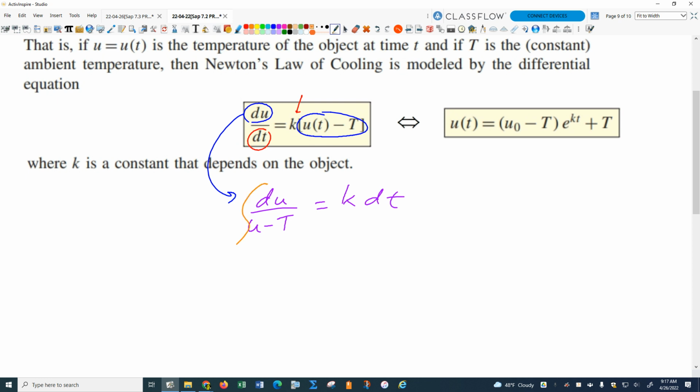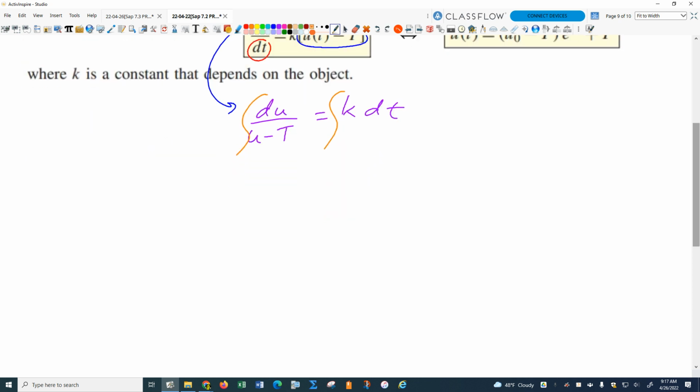I can integrate both sides, right? What's the integral of du over u minus t? Right, natural log of u minus t. And u is always greater than t, so that's never negative, so I don't need to have any absolute values around this.